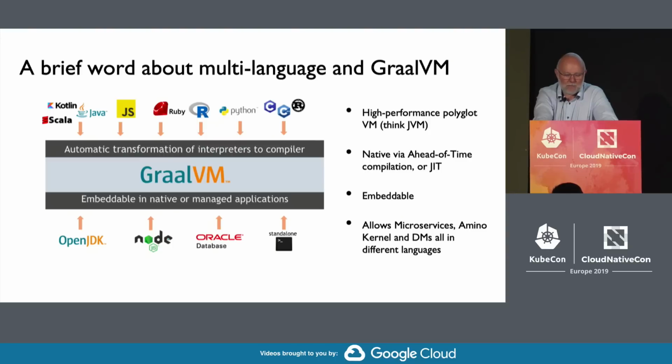We definitely don't have time, but I wanted to just mention that it's a high-performance polyglot, meaning multi-language, virtual machine in the sense of a JVM, not in the sense of an OpenStack virtual machine. And it provides support for both ahead-of-time compilation and therefore native execution, or just-in-time compilation. It's embeddable in other environments, so you can actually embed it inside a database to run these things. You can embed it inside the OpenJDK, or you can run it standalone.